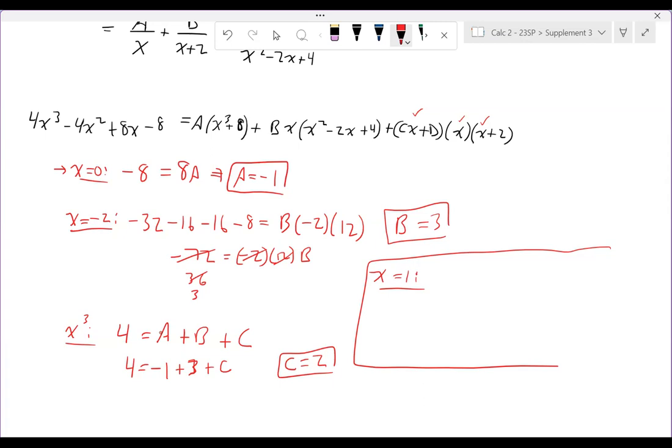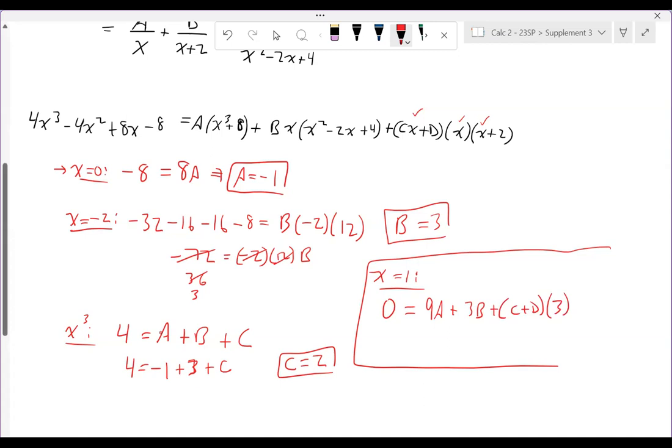So on the left-hand side, we have 4 minus 4, so that's 0, plus 8 minus 8, which is 0. On the right-hand side, I have 9a plus b times 1 times 1 plus 4 is 5, minus 2 is 3, plus, and then I have c plus d multiplied by 1 multiplied by 3.